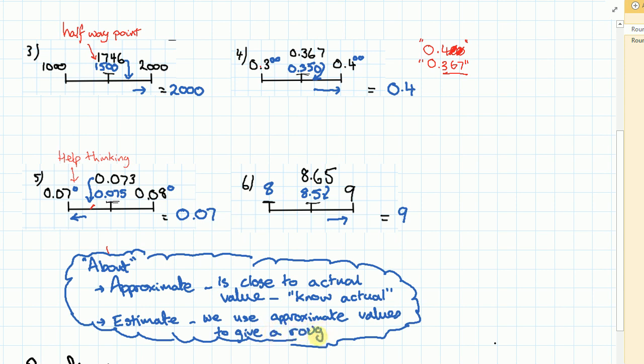Now the reason I'm using the word rough here is that close says it's a good number, very close to the answer. Rough means we know what sort of size it is. So that's the two differences. Approximate means we are close to the actual value. Estimate means we know how big the actual value is because we've used approximate values to give us an idea.